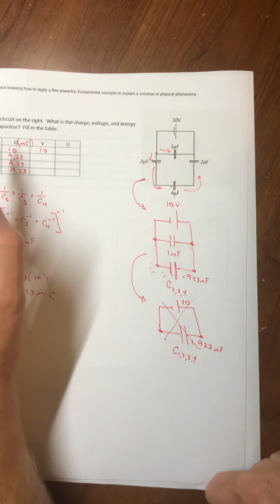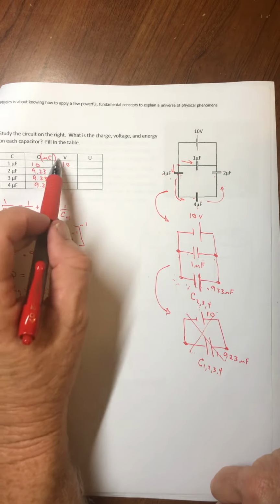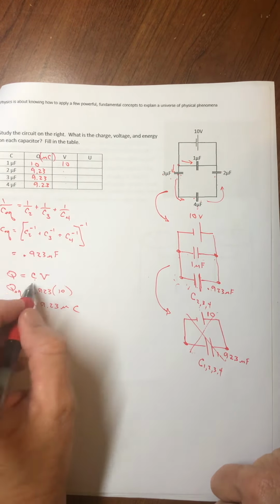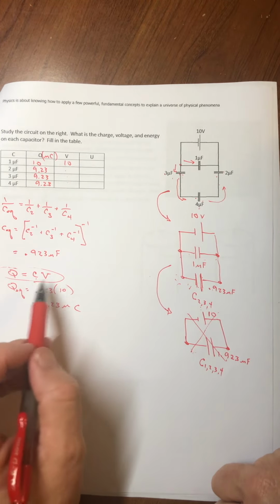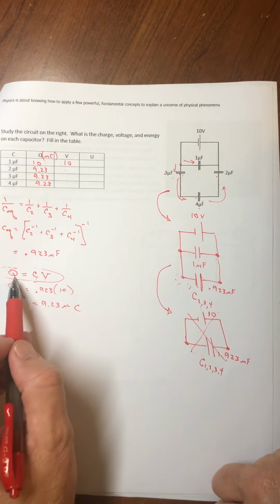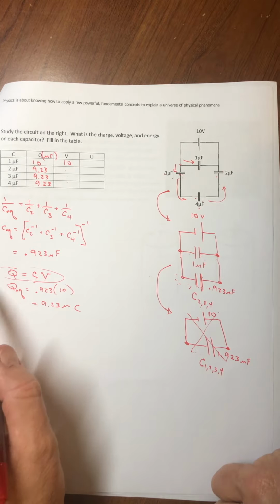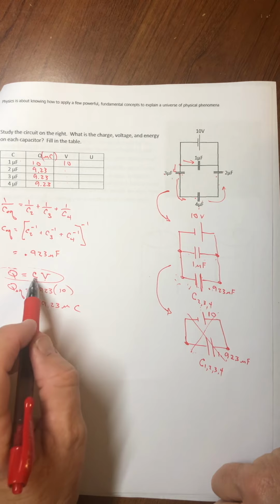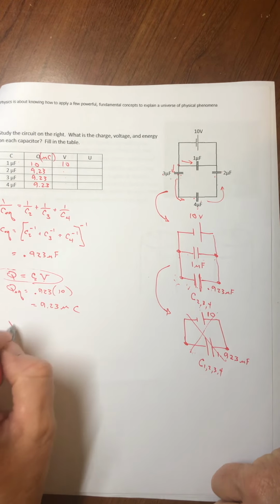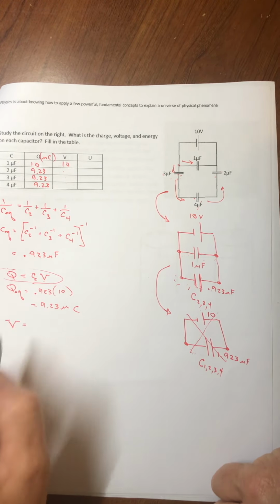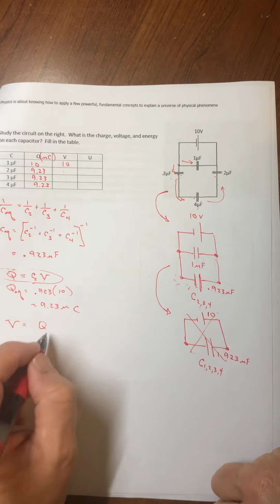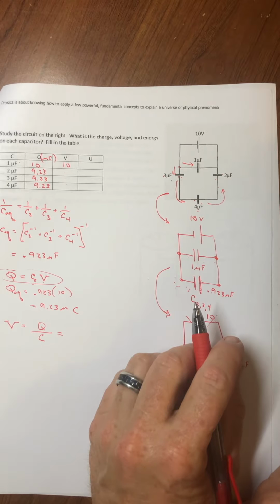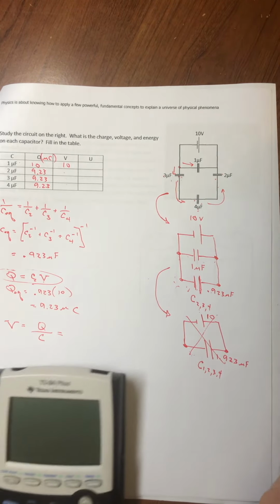And then remembering that if you know any 2 of these 3, you can get the third one. Because remember, this is the mathematical connection between the capacitance, the voltage, and the charge. So just looking at this chart right now, I've got capacitance and charge. So I can get the voltage by taking the charge and dividing it by its capacitance. So I'll do that.